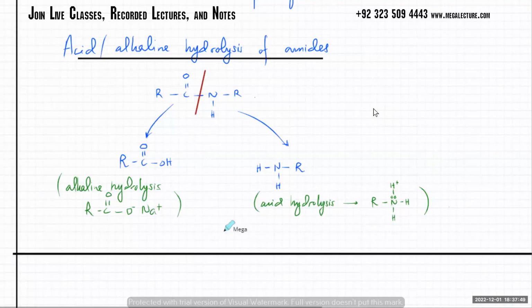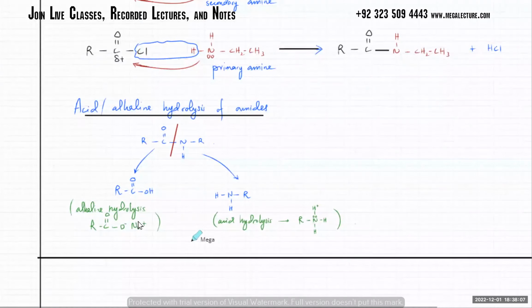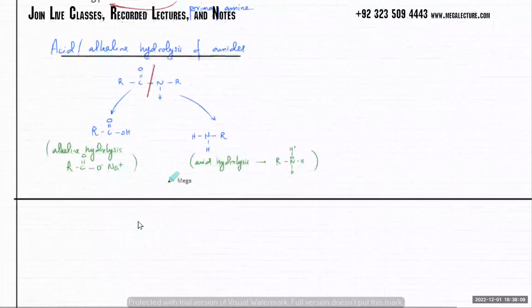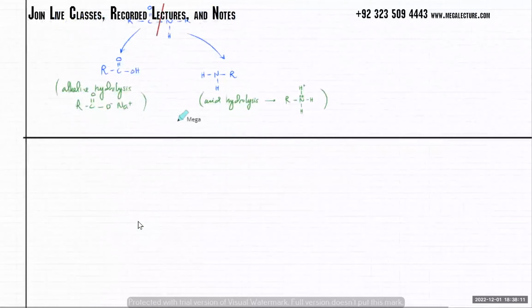So just remember this, whether it's acid hydrolysis or alkaline hydrolysis, one of your compounds formed is acidic, the other compound is basic. The basic compound will react with the acid if it's acid hydrolysis. Vice versa, if it's alkaline hydrolysis, then the acidic one will react. So this is the reverse of the reaction that we just did. It's the breaking down of the amide. Is that clear?